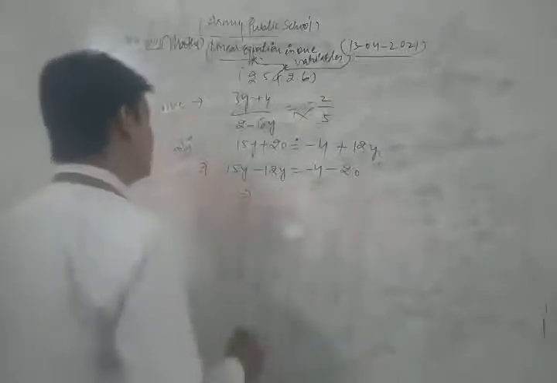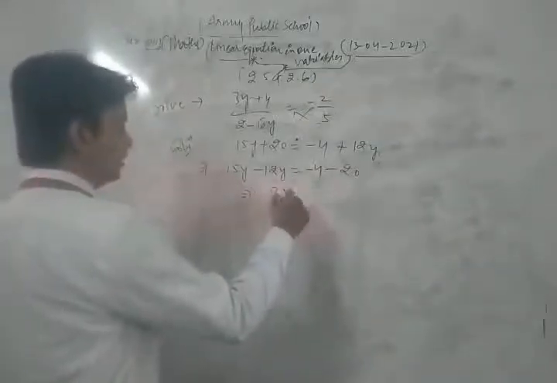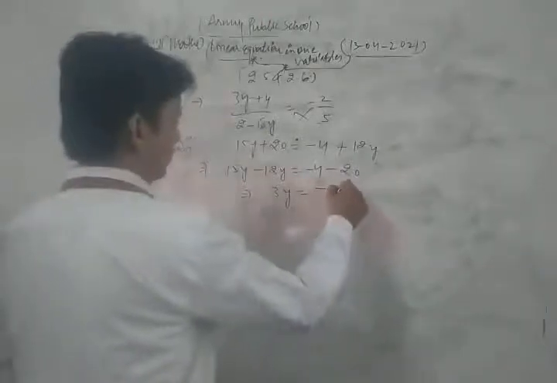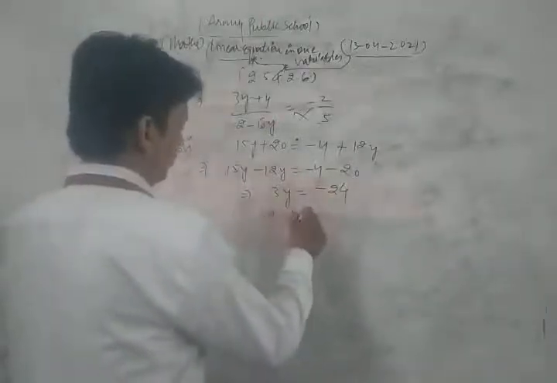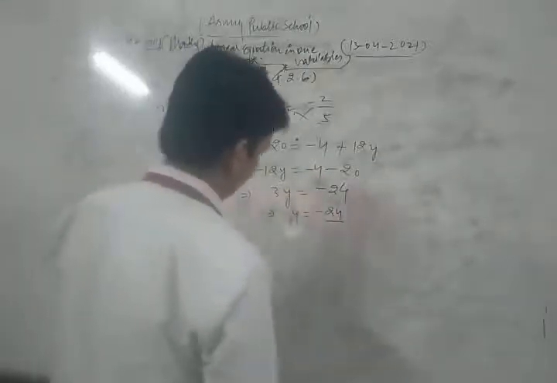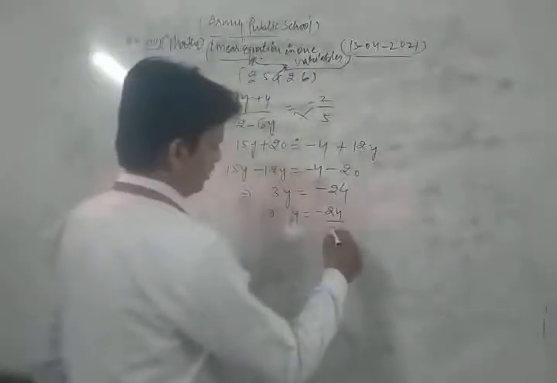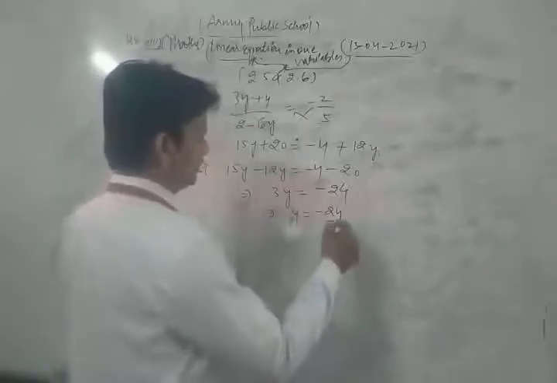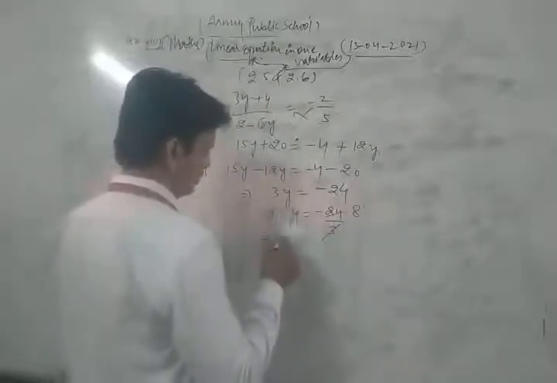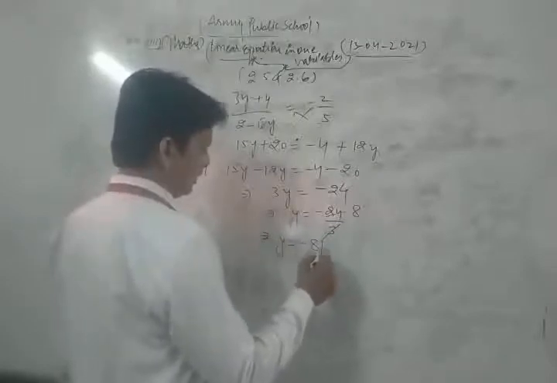Okay, so we get what? 15y minus 12y, which is what? 3y is equal to, this is what? Minus 24. Thus the value of y is what? Minus 24 upon 3, 3 8s are 24, y is equal to minus 8.